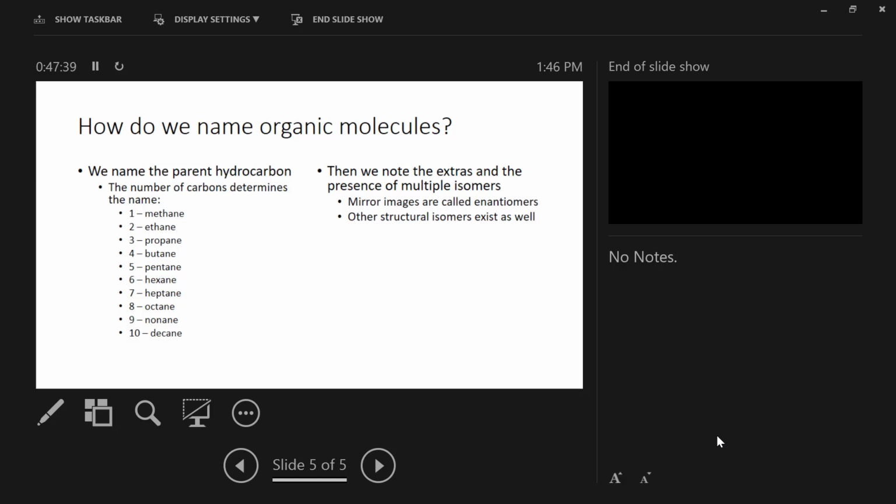Same formula, very different shapes. Are these two mirror images of each other? Nope, so they are not enantiomers, they're just structural isomers. And so that's why sometimes we have to call this cyclohexane or cyclopropane so that we know what we're actually talking about.